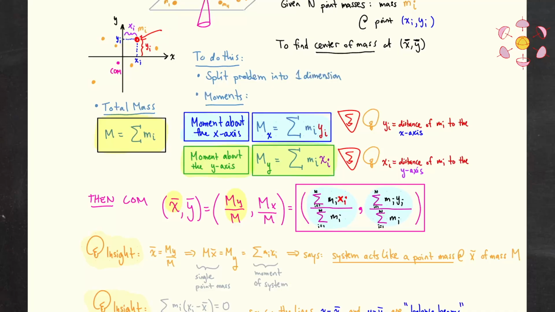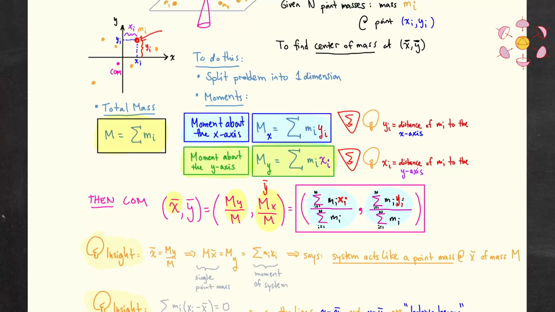If you look at the formula in the y position, the y coordinates have the y. So even though these intermediate formulas are kind of confusing, where y bar has a moment about the x and x bar has a moment about the y, if you actually just work out the details, you're like, okay, the x's and the y's show up in the correct spot. And of course, we've got the total mass in the denominator.